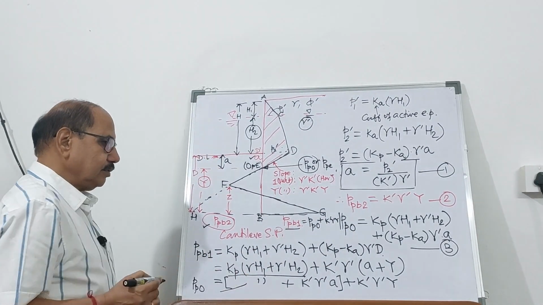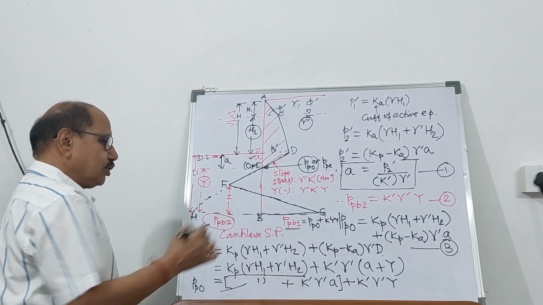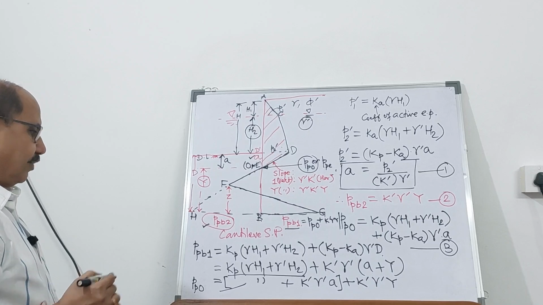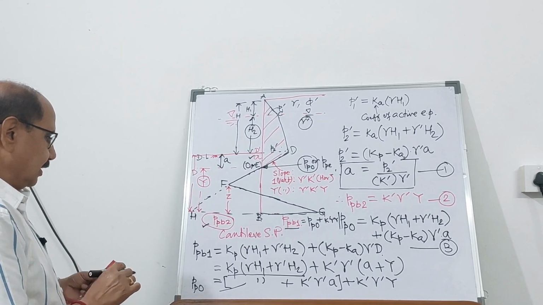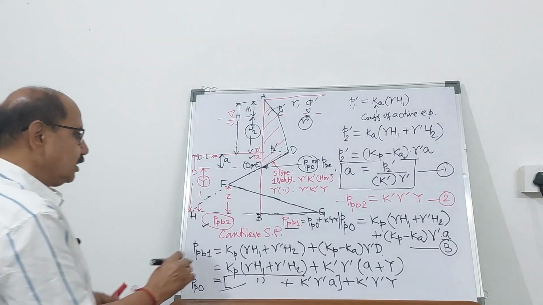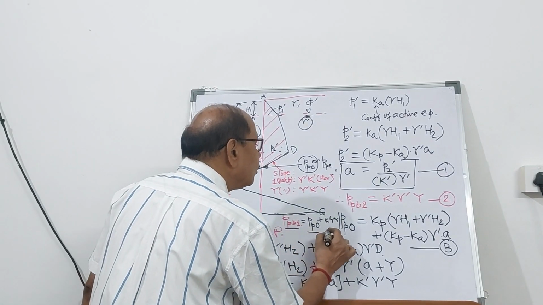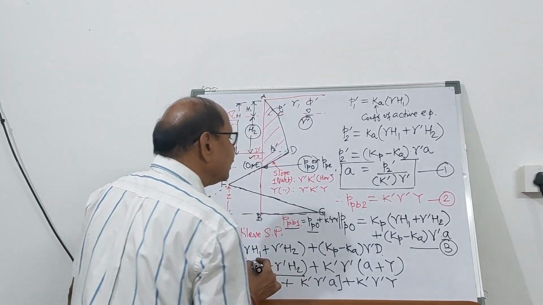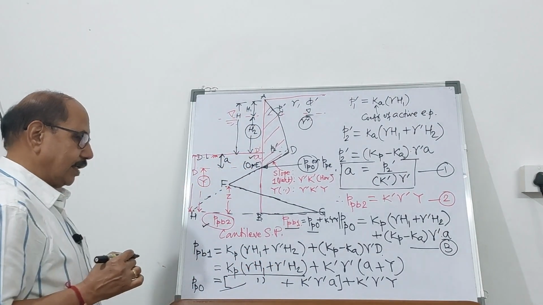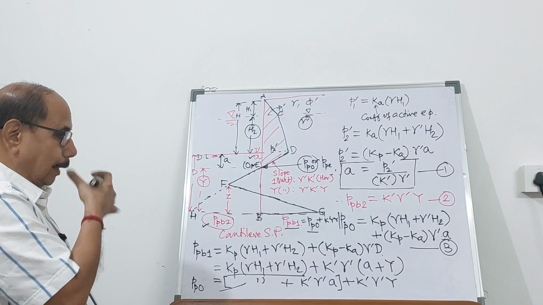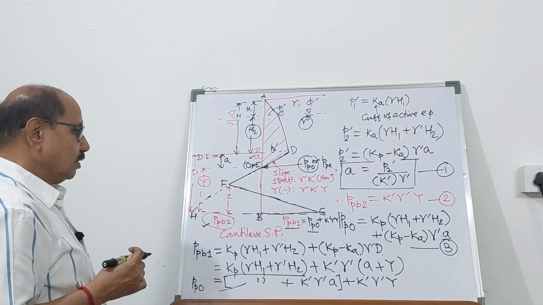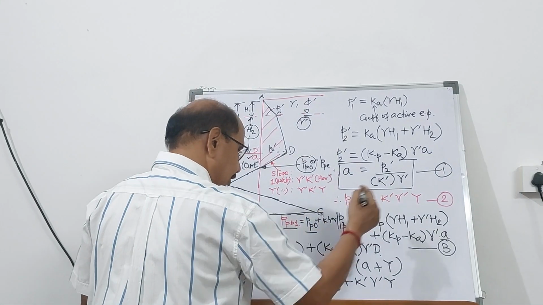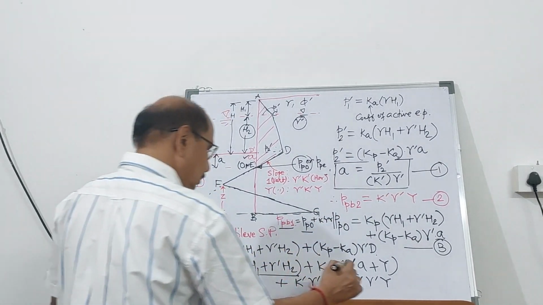So in this pressure distribution diagram, we are in a position to calculate everything. So finally PPB1 is PPO plus K prime gamma prime into Y. So that is the value of PPB1. PPB2 is already known, we have already calculated it. So this is the fourth one.